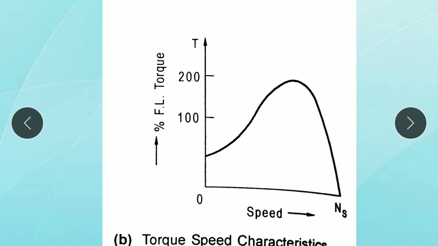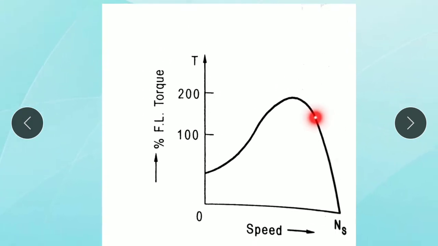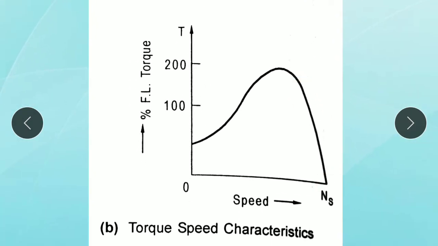As the speed increases up to a certain speed, the torque is increasing. In the previous case there was a centrifugal switch, but here it is not used. After a certain speed, more than 70% or 80%, the torque goes on reducing as the speed increases.